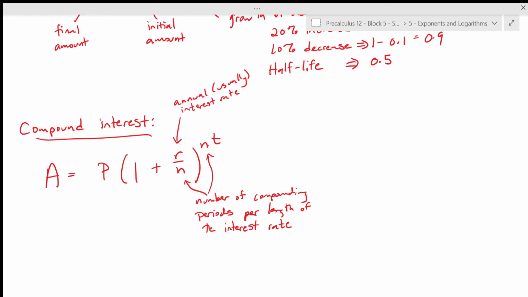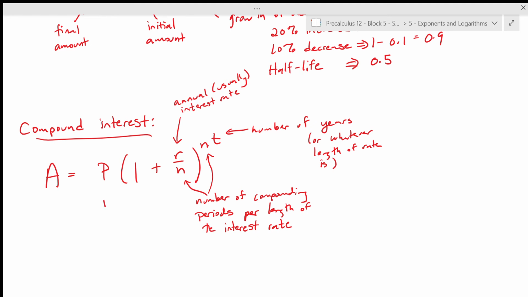And so T is the number of years, or whatever length of rate it is. So usually those rates are given as a yearly rate.